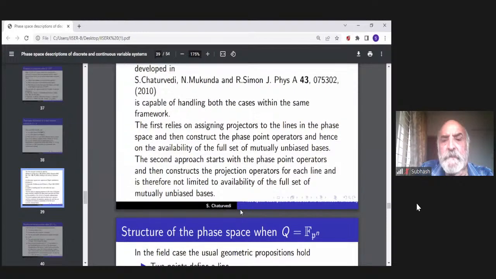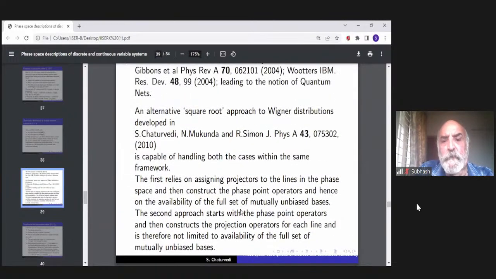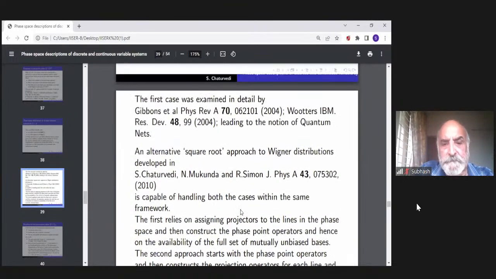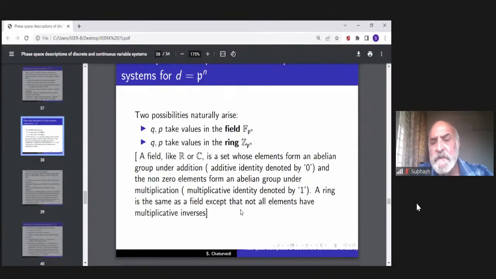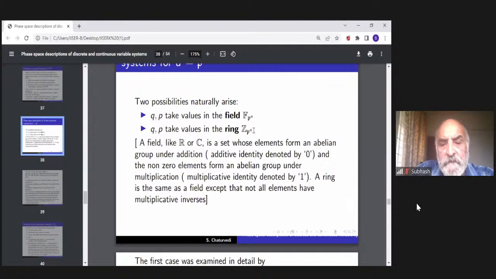Now the difference between the two approaches is the following. Let me just indicate, because we may not have much time. This first case was discussed by Wootters et al. in a very famous paper, Wootters and Fields.